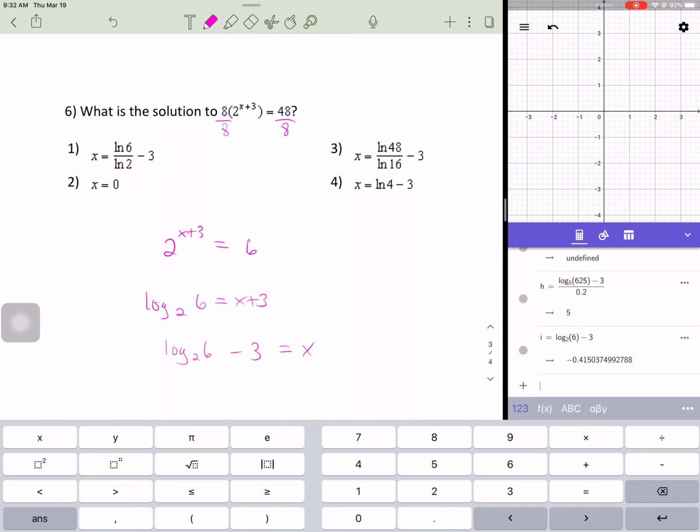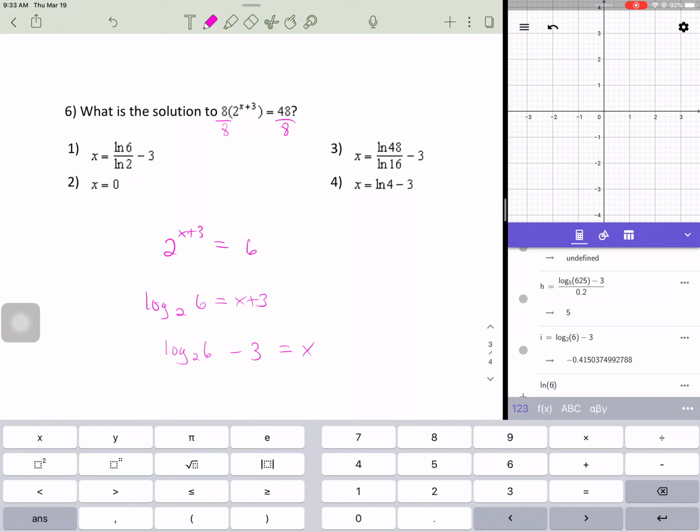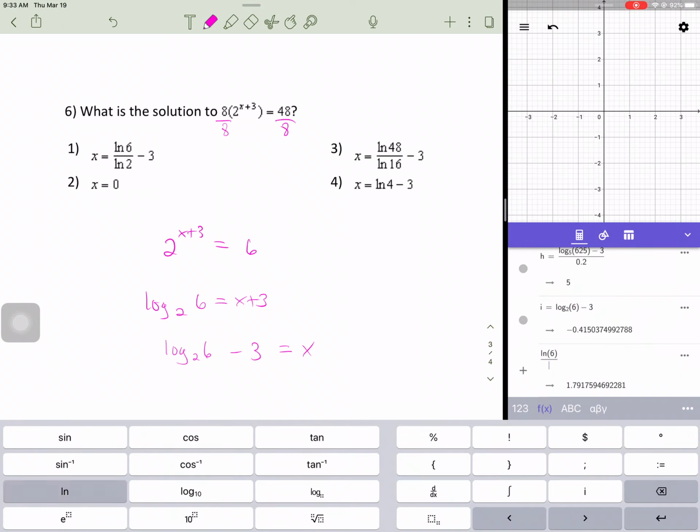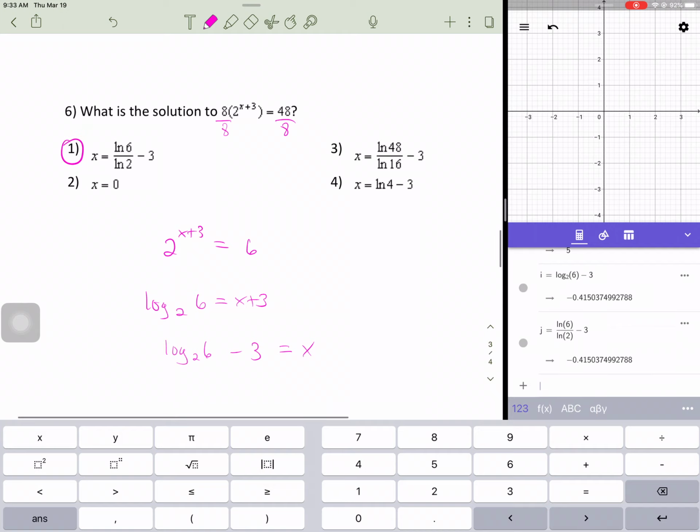Get this negative number here. I guess we could check to see which one that would be. I'm guessing it's going to be 1. Let's see. ln of 6 divided by ln of 2, and then minus 3. Yep. There you go.